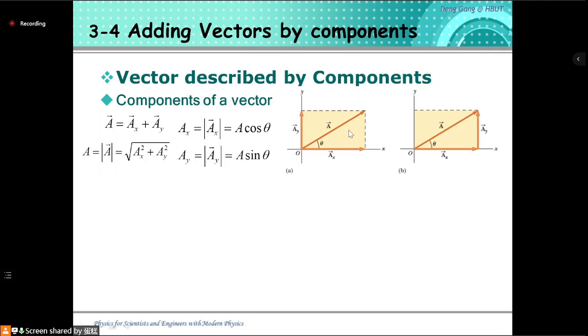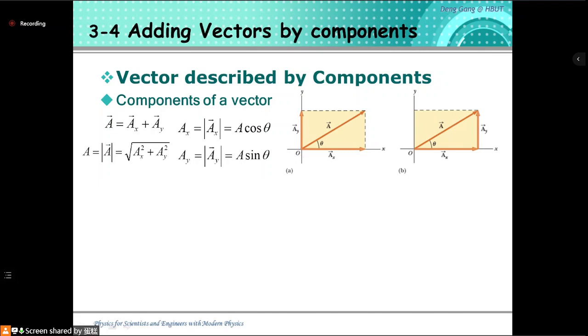So why can we do this? This one is simpler. Why? Because you can see here, if this point on this XY coordinate has coordinates (x, y), the length of A_x should be equal to x, and the length of A_y should be equal to y.